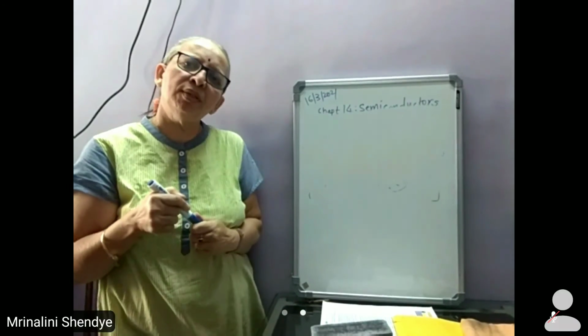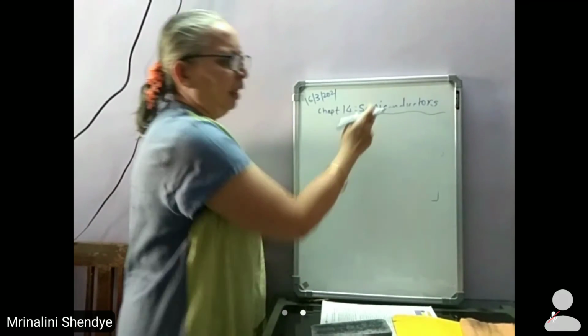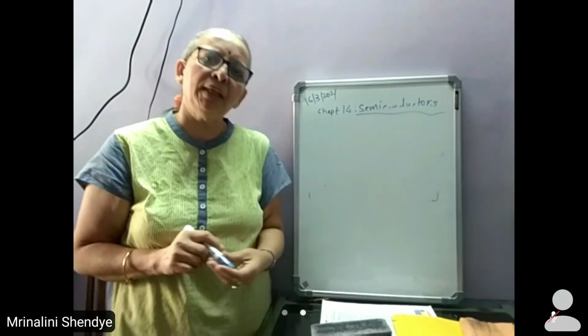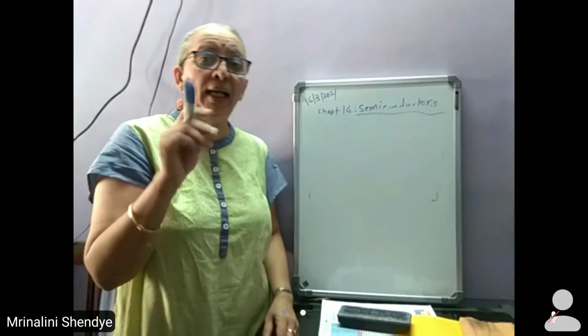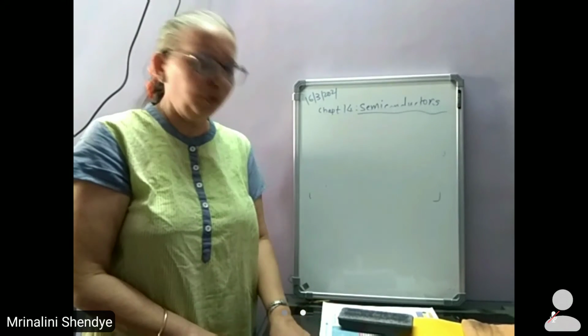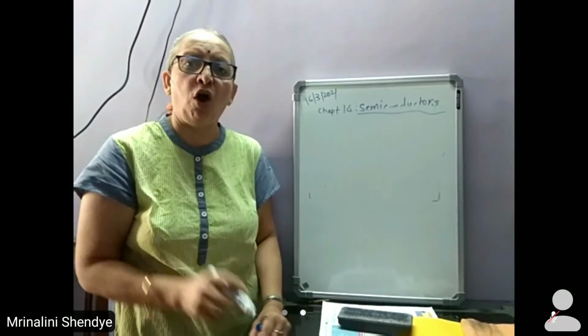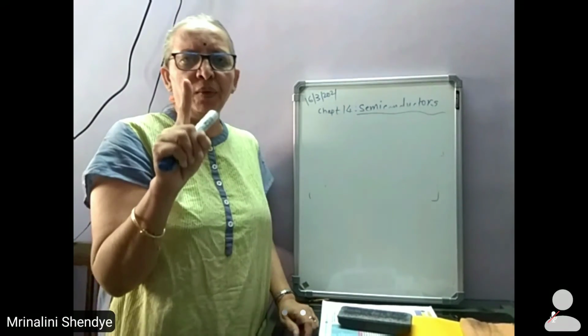Now we'll proceed further to study the typical nature of semiconducting materials. These semiconducting materials are of different types. Few are called elemental semiconductors, few are compound semiconductors, and third is organic semiconductors. Out of these three, the first one is very important.